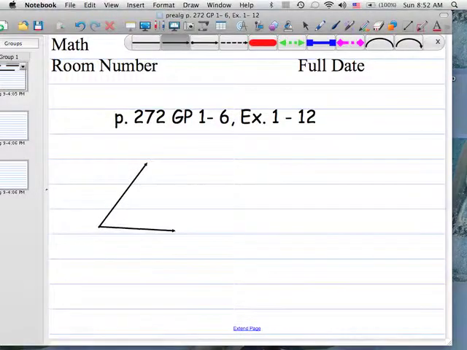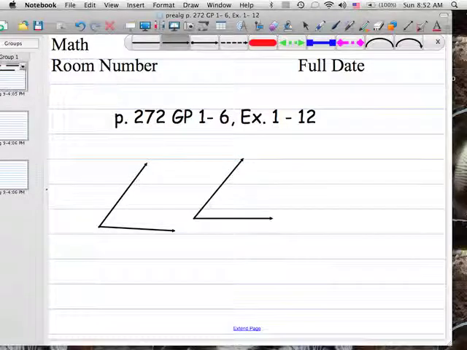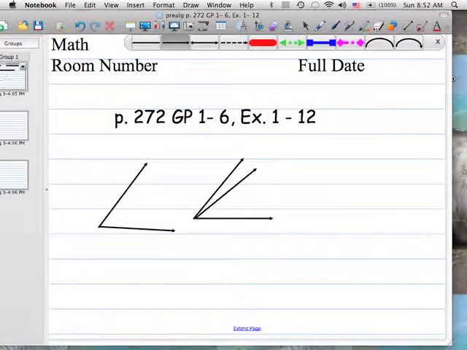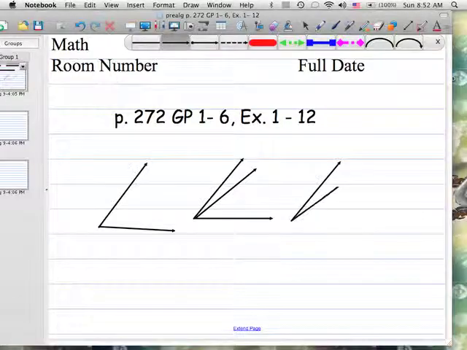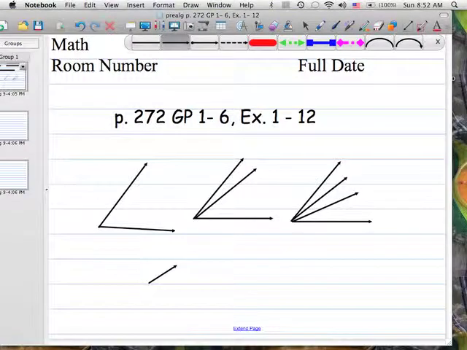Well, the first one, we can see we get 1. 2 rays make 1 angle. And then if we put 1 in between, now we have 3 rays and 3 angles. If we put another one in, we have 4 rays and 6 angles.